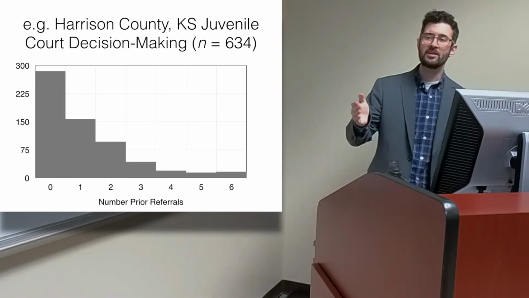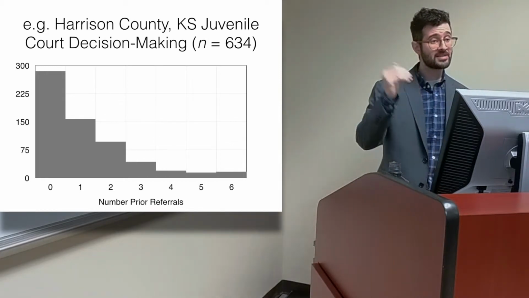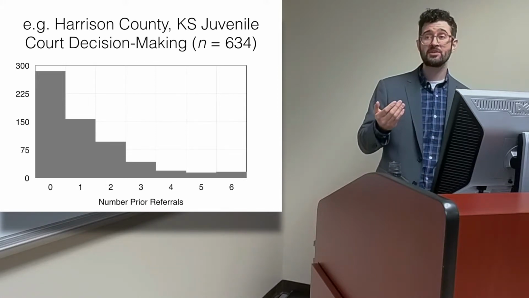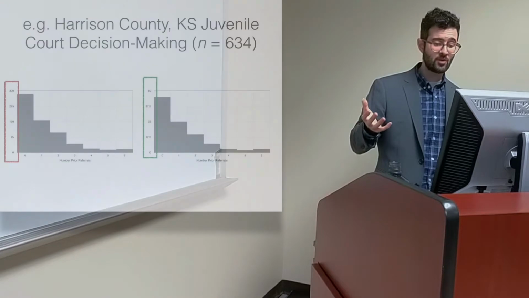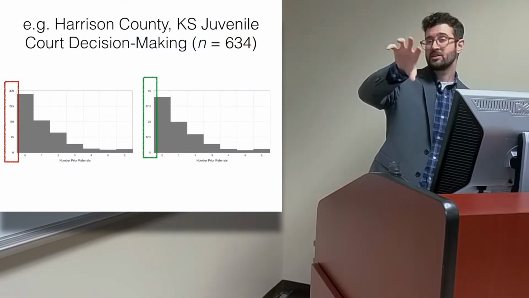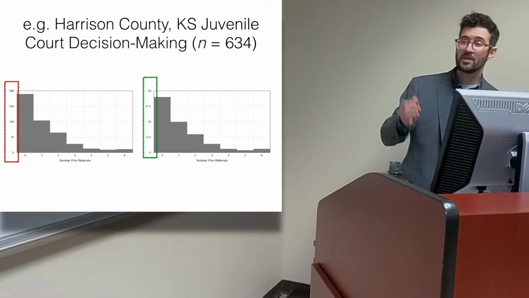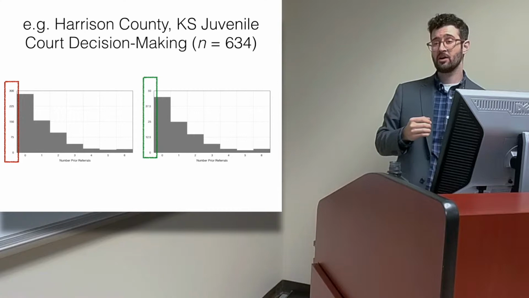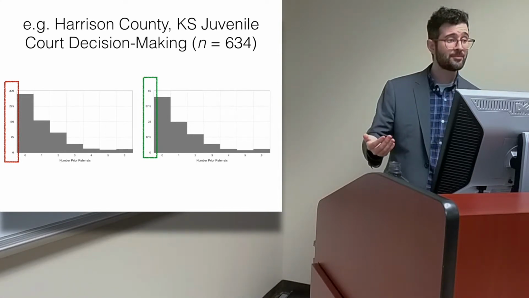Now I want to point out that with the histogram we just looked at, along the y-axis we had the counts. But what we could also do is replace those with percentages. So we could look at the histogram to the right, and we can see the bar representing all the cases involving youth who had not been involved in the past.